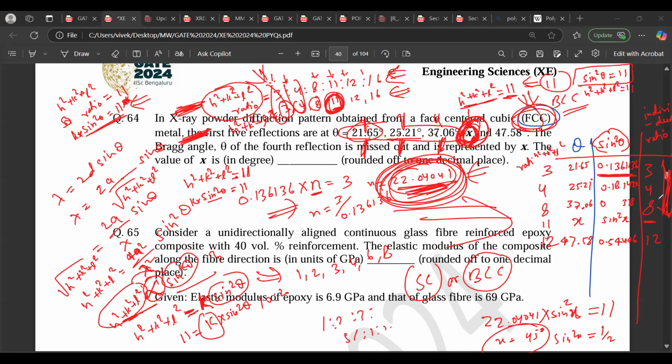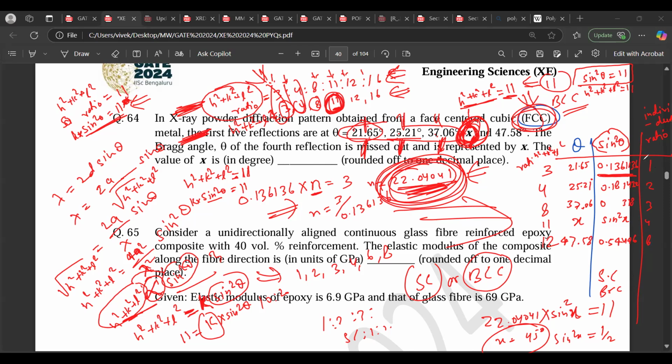The H square K square L square ratio is exactly the same as the sine square theta ratio. If you are getting 1, 2, 3, 4, 8, then it is either simple cubic or BCC, because both have the H square K square L square ratio 1:2:3:4. The individual values of BCC are 2, 4, 6, 8, 10. I hope you understood.